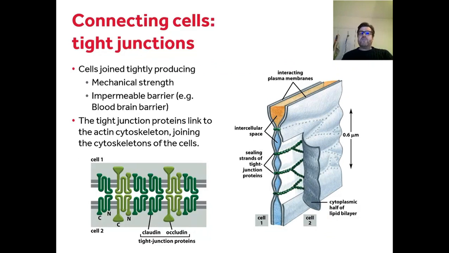So once the cells have recognized each other with the cadherins, they can begin to form the various different junctions. If we think about tight junctions first, by its very name, tight junctions help cells join together very tightly.